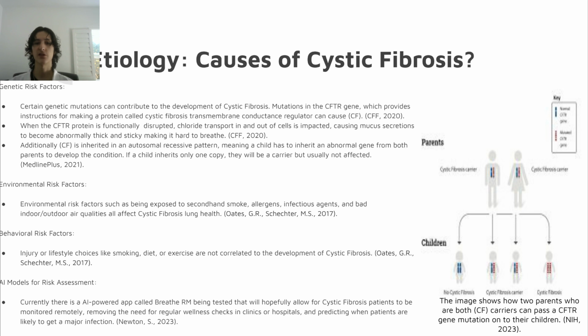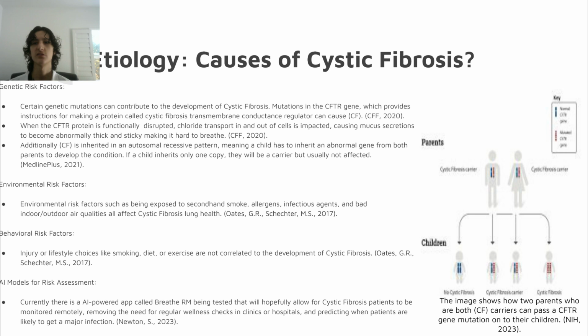And lastly, there is an AI-powered app called Breathe RM being tested that will hopefully allow for cystic fibrosis patients to be monitored remotely, removing the need for regular wellness checks in clinics or hospitals, and predicting when patients are likely to get a major infection.